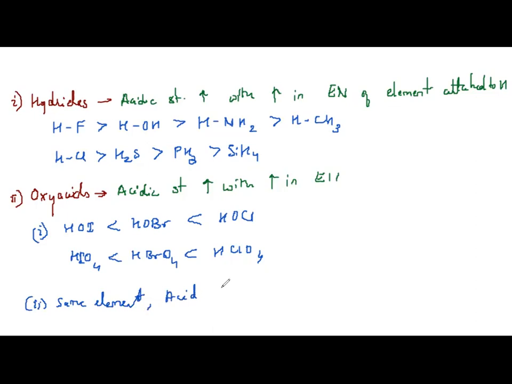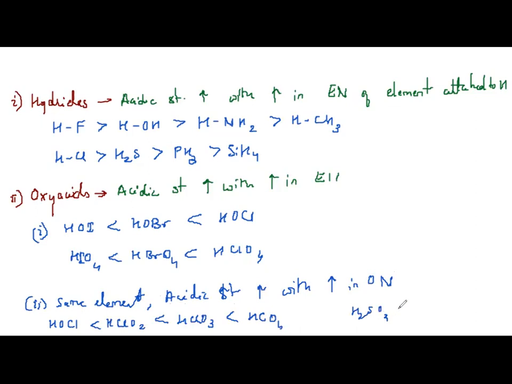If it is the same element, acidic strength increases with increase in oxidation number. I can show you. HOCl is less acidic than HClO2, which is less acidic than HClO3, which is less acidic than HClO4. Or I can say H2SO3 is less acidic than H2SO4.